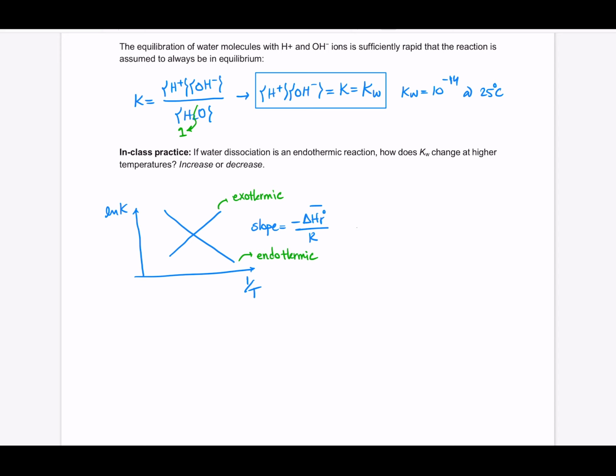So how does it look if we have Kw over T then? Instead of ln, we're looking at the actual value of K, and instead of 1 over T, working with T, because that's what we're looking for. What's the dissociation constant as we increase the temperature? How does this look?